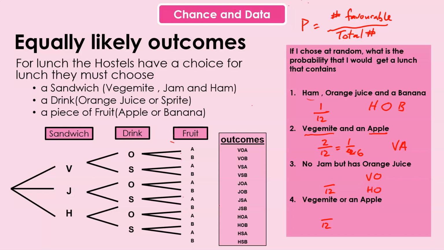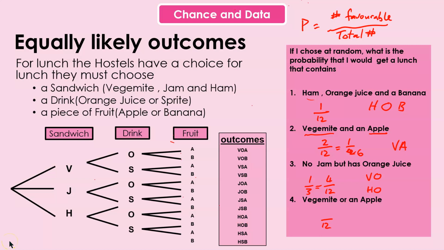So anything that's got VO or HO. So VO, VO, HO, HO. So in this case, it's 4 out of 12, which we can simplify to 1 over 3.